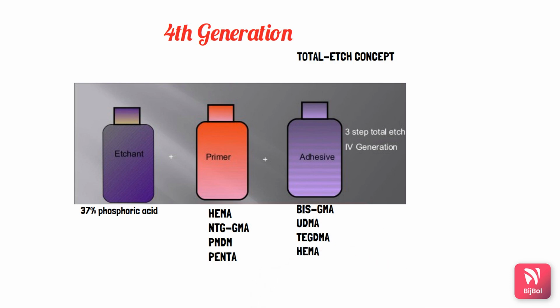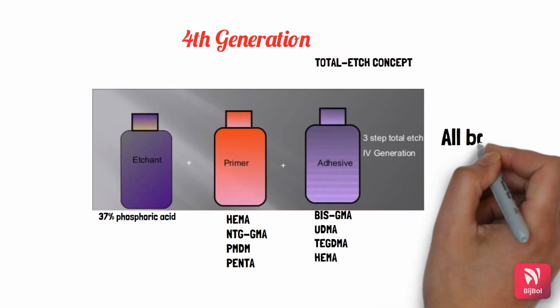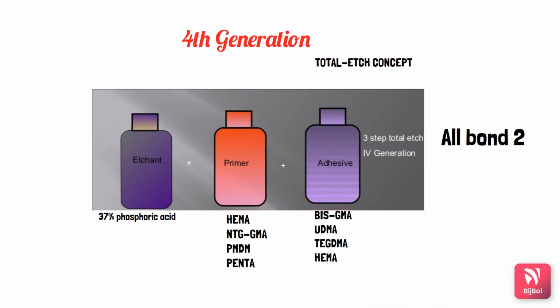Next is the adhesive, which contains BIS-GMA, UDMA, TEC-DMA and HEMA and acts on the tooth surface. Later on, the composite resin is placed. The unique feature of this fourth generation is the total etch concept and the moist bonding technique.